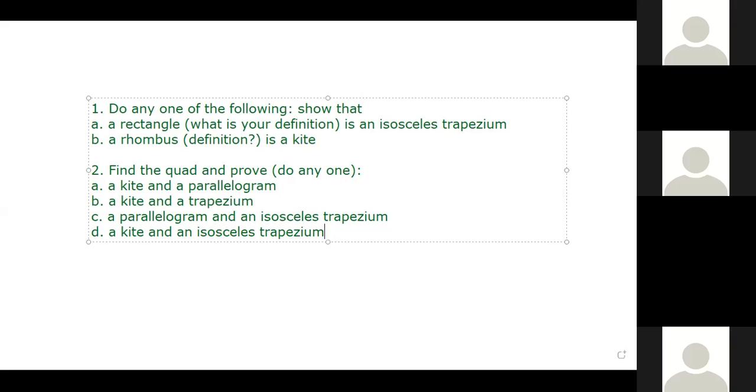Now, the quadrilateral which is both a kite and an isosceles trapezium, see if it has rotational symmetry, and I want you to think why.